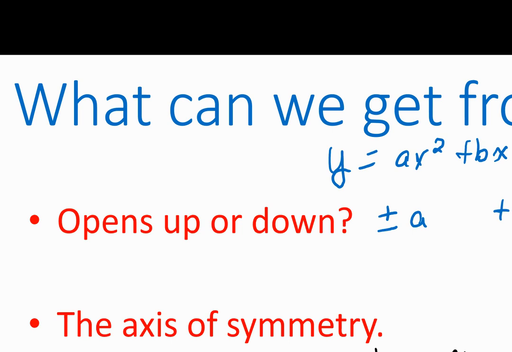So for example, if I had some quadratic, y equals 2x squared minus 8x plus 7, let's figure out what the x coordinate is going to be. Well, the x coordinate is going to come from negative b over 2a.